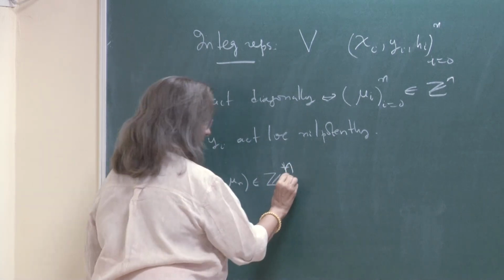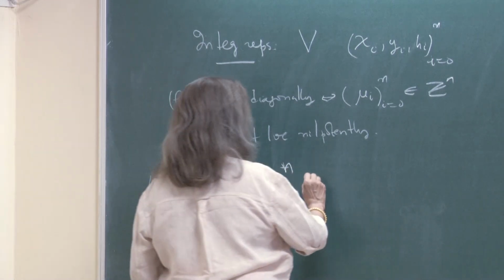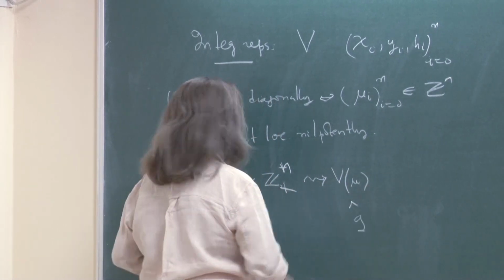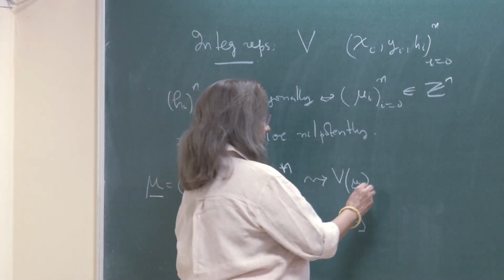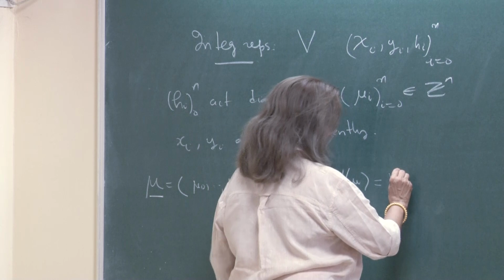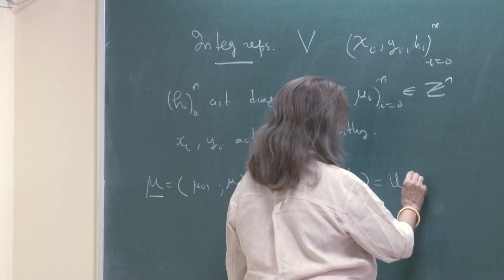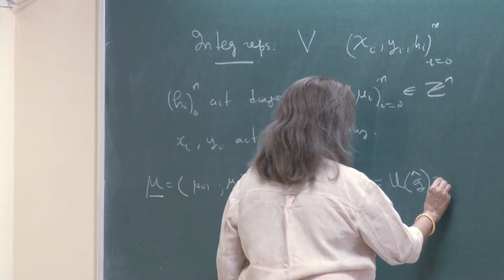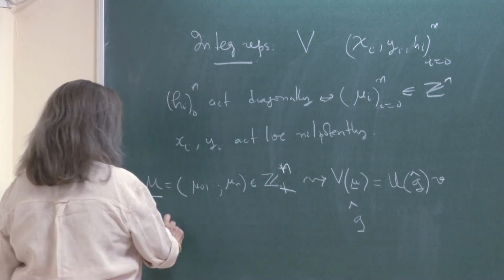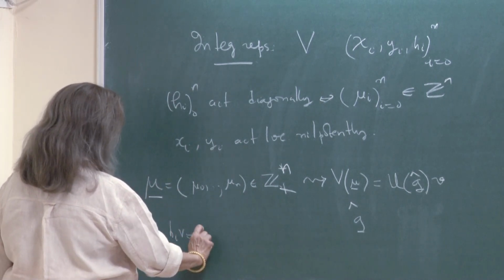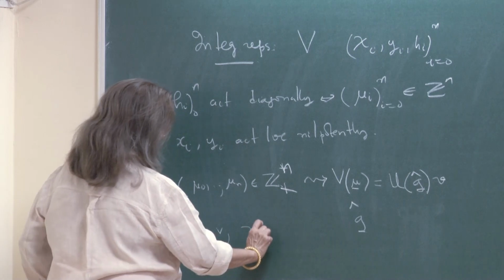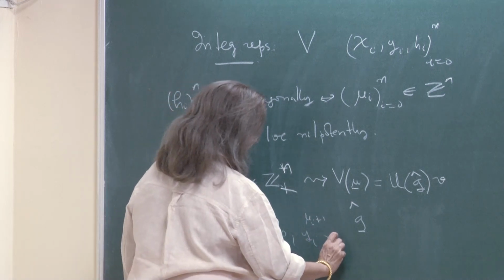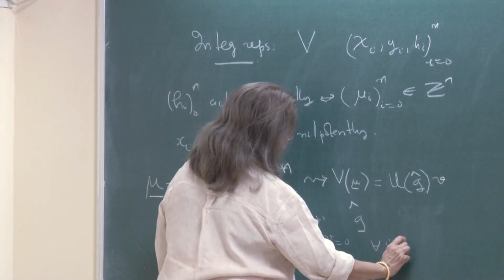Then one can define canonically a representation V of mu underline of the affine Lie algebra g hat, which will be generated as a module for the universal enveloping algebra of g hat by an element v, which will satisfy the conditions that h_i v is mu_i v, x_i v is 0, and y_i raised to mu_i plus 1 of v equals 0. And this is for all i equal to 0 up to n.